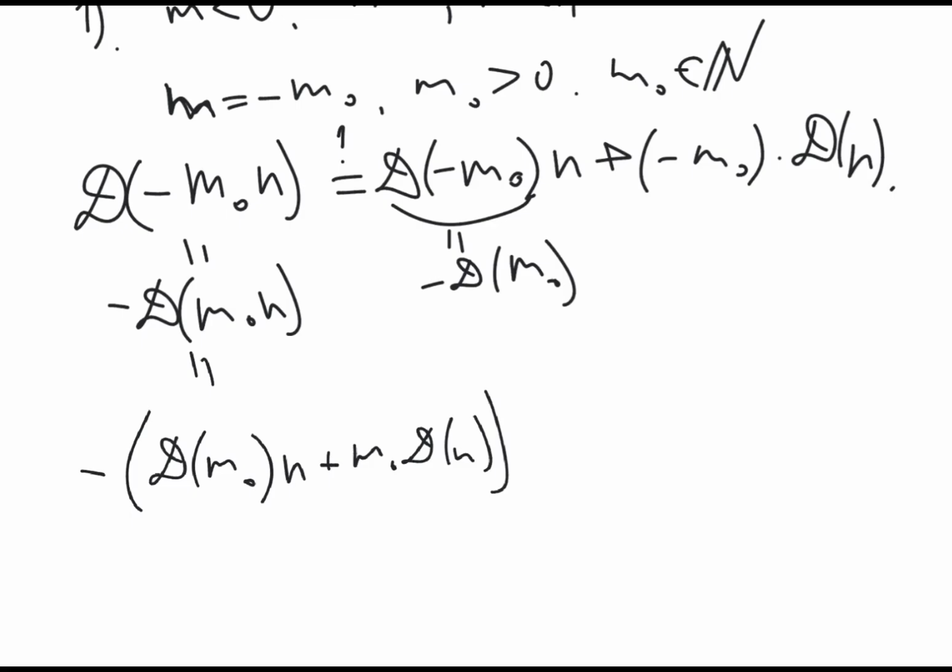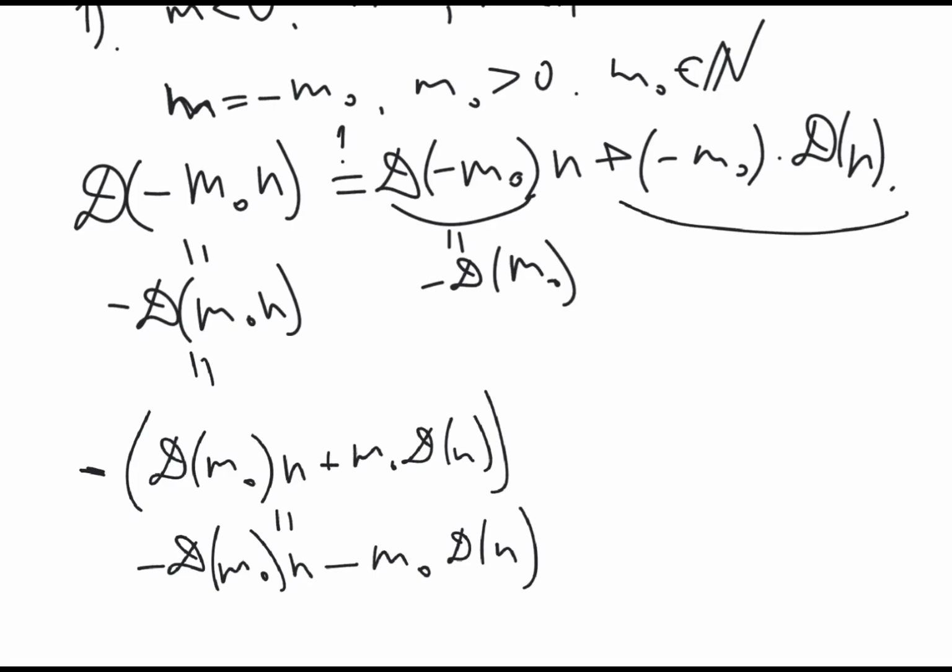Yeah, and now we simplify this. If we now expand this minus, it would be minus d of m0 n minus m0 d of n. In order to have the same expression as on the right side, we can rewrite this as minus m0 d of n, right?